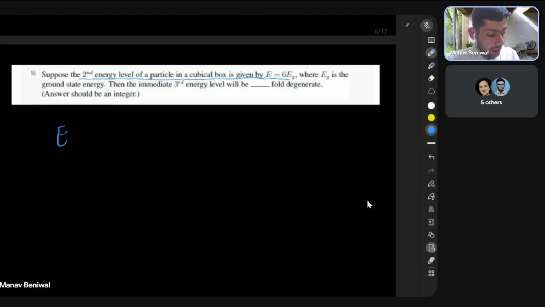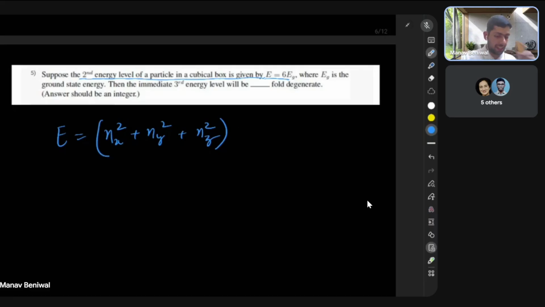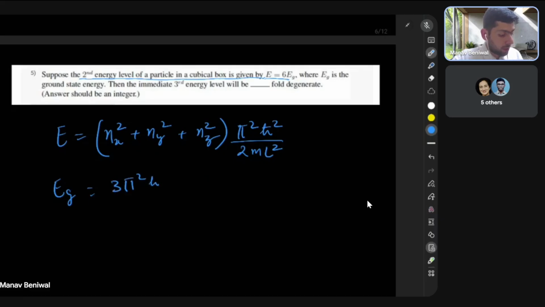Here again, instead of just nx and ny, we'll also have one nz, and then the same factor of pi squared h cut squared over 2 m l squared. So our Eg will be simply 3 times this, with 1, 1, 1: 3 pi squared h cut squared over 2 m l squared.